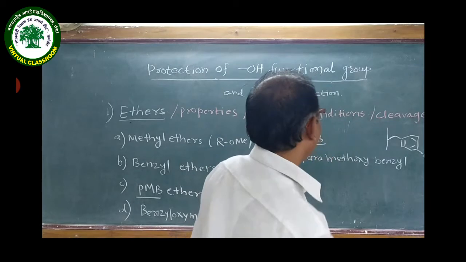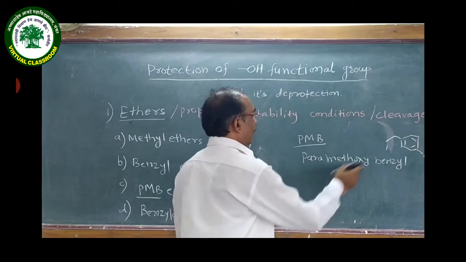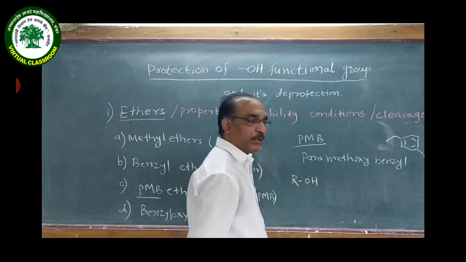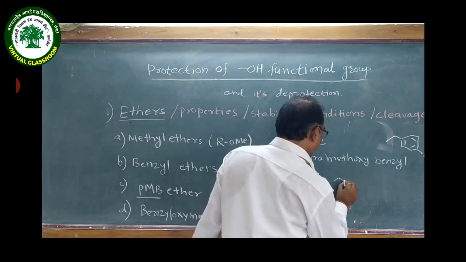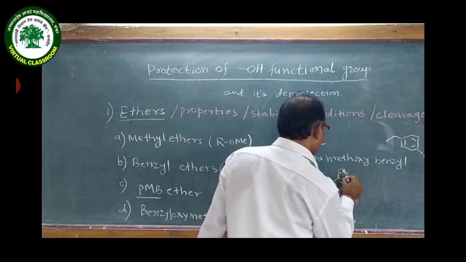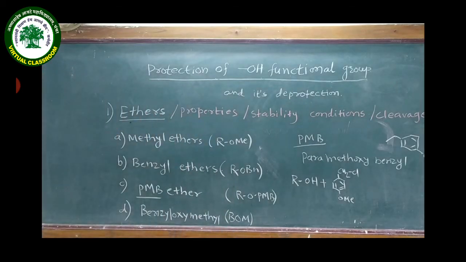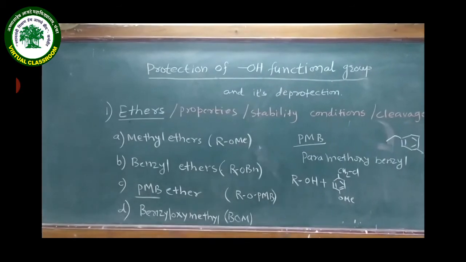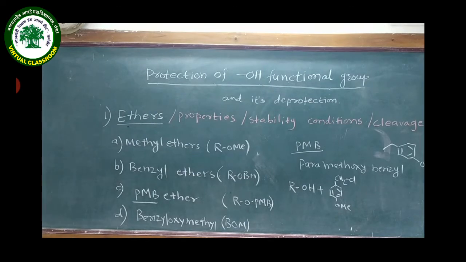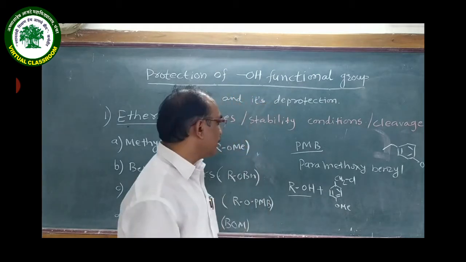Means para-methoxybenzyl protection. So para-methoxybenzyl protection of alcohol, the general reaction can be written like this: alcohol plus para-methoxybenzyl chloride. So we are seeing about this one, protection of alcohol with methoxybenzyl chloride.